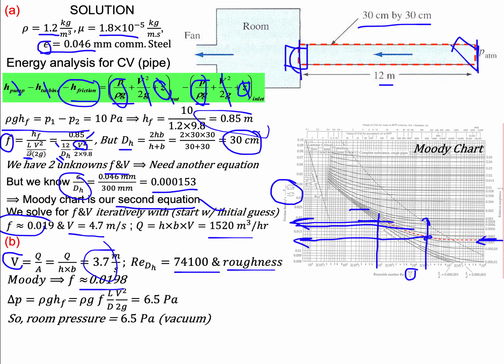And now that I have the F, I will get the HF or the rho g hf, and then I get my pressure. So my delta P between the in and out is 6.5 Pascal. So my pressure in the room is 6.5 Pascal below the inlet, so it's 6.5 Pascal vacuum.